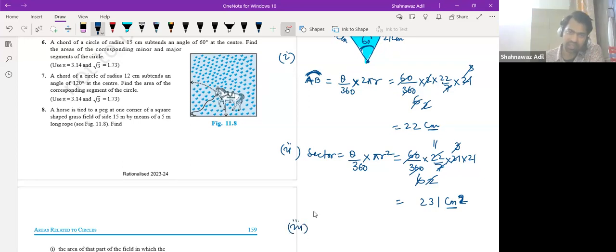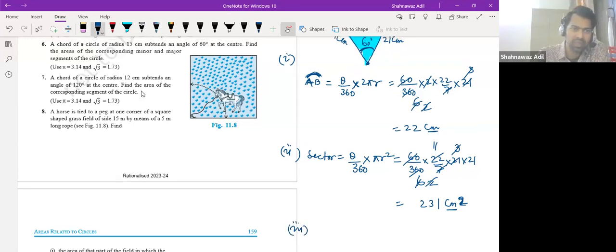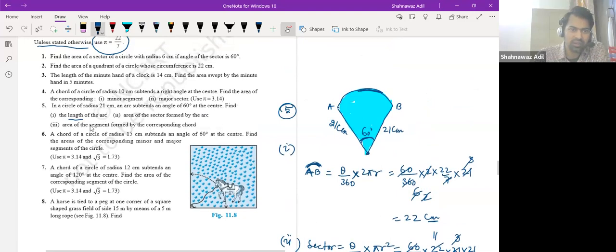Third part, it says the area of the segment formed by the corresponding chord. So if I write the chord, the chord is this, right? This is the chord. And then I have to find out the corresponding segment, right?